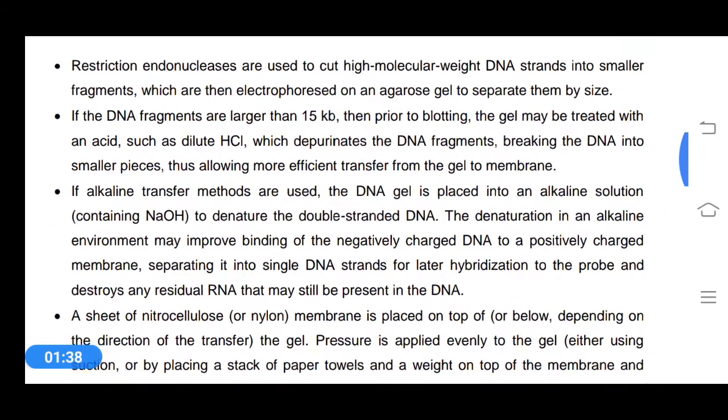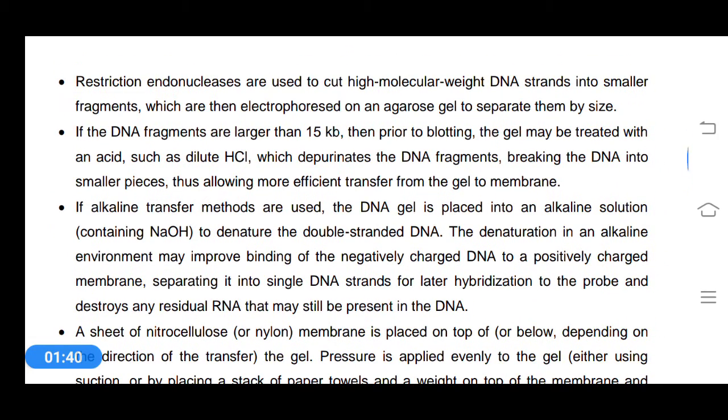Firstly, we isolate the genomic DNA, for further identification of a required fragment of DNA or a gene in that genomic DNA. The genomic DNA we isolate using cell lysis is treated with restriction endonucleases to cut the DNA into smaller fragments.